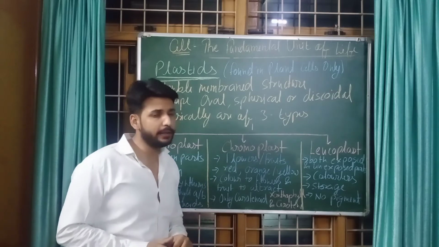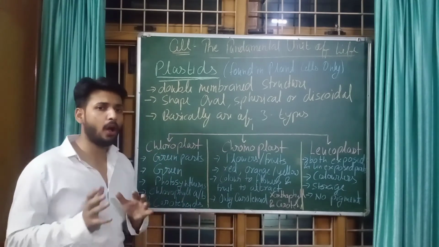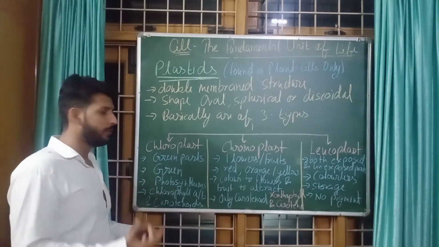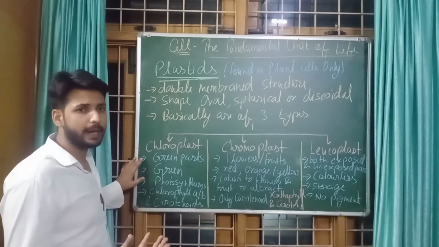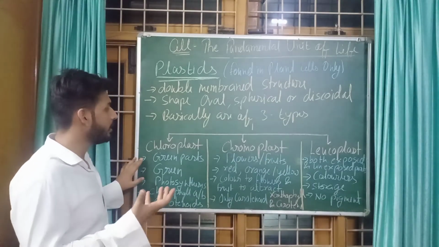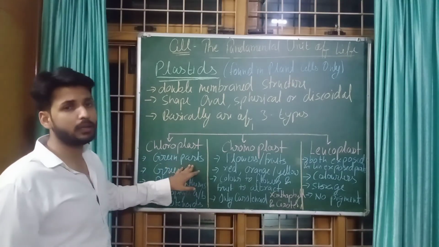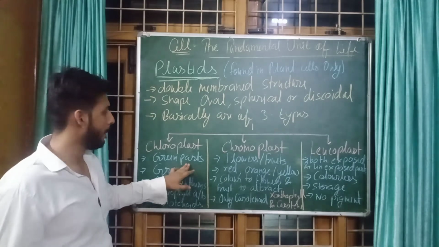Now, if we are going to differentiate them, we can differentiate on different bases. First of all, we take their occurrence, where they occur inside the plant or in which cell. Chloroplasts occur in green parts of the plant.